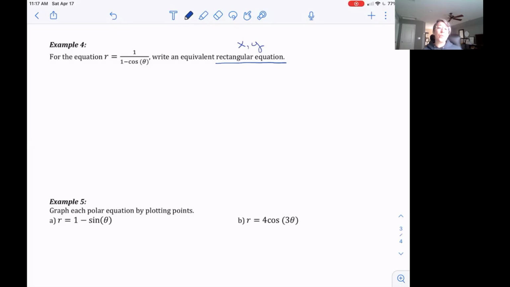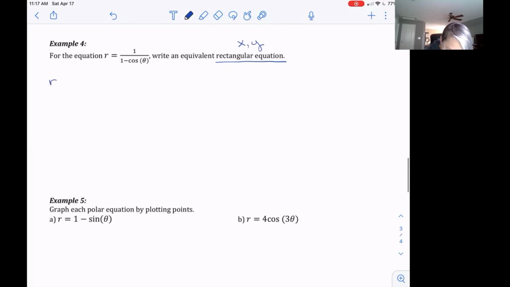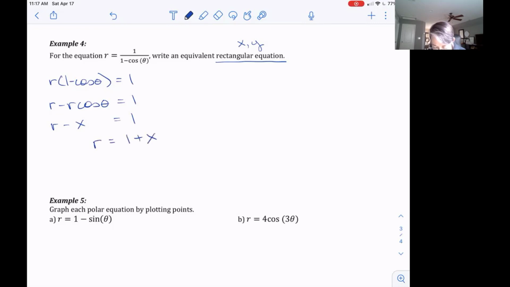So one of the things that we can do is cross multiply and see if we can do some substitutions. So we can get r times 1 minus cosine theta equals 1. When we distribute, we get r minus r cosine theta equals 1. Remember, r cosine theta is x. Then we can add x to both sides. We get r equals 1 plus x.